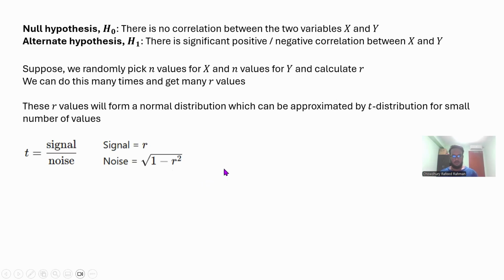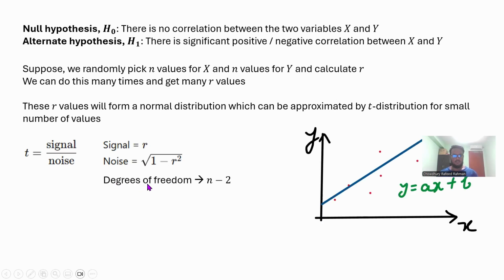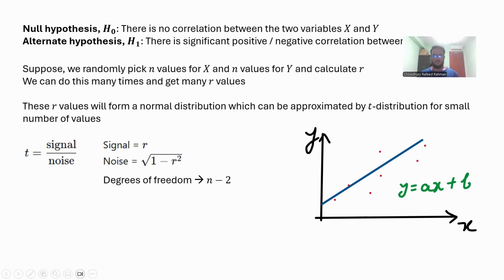Now there is one more component here: the degrees of freedom, which is n minus 2. That means if you have 10 xy pairs, then the degrees of freedom is 10 minus 2, equal to 8. You may ask that typically we see n minus 1 as the degrees of freedom, so why n minus 2 here? That is why I have drawn this plot.